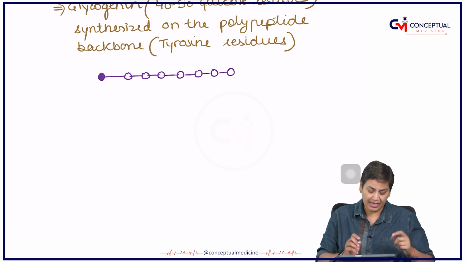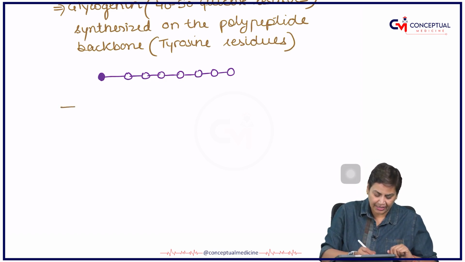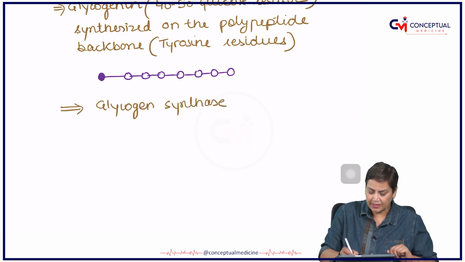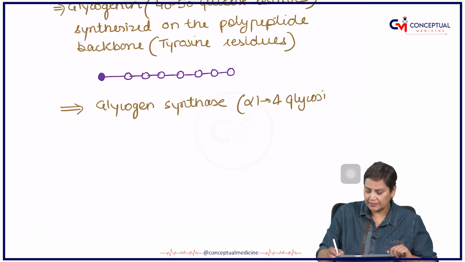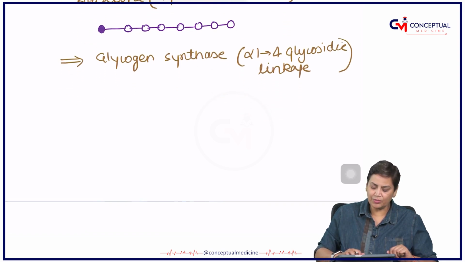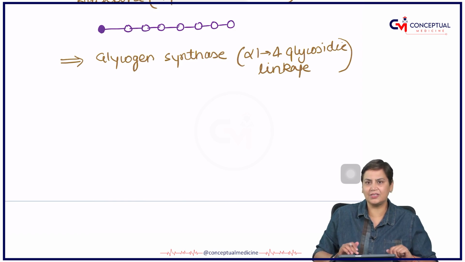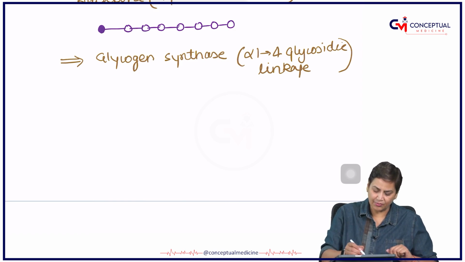Glycogenin is the primer, and along with glycogenin, glycogen synthase will come. So this glycogen synthase is going to help in the synthesis of alpha 1,4 glycosidic linkage. Right. So with the cumulative effect of glycogen synthase, the entire molecule will be synthesized like this.